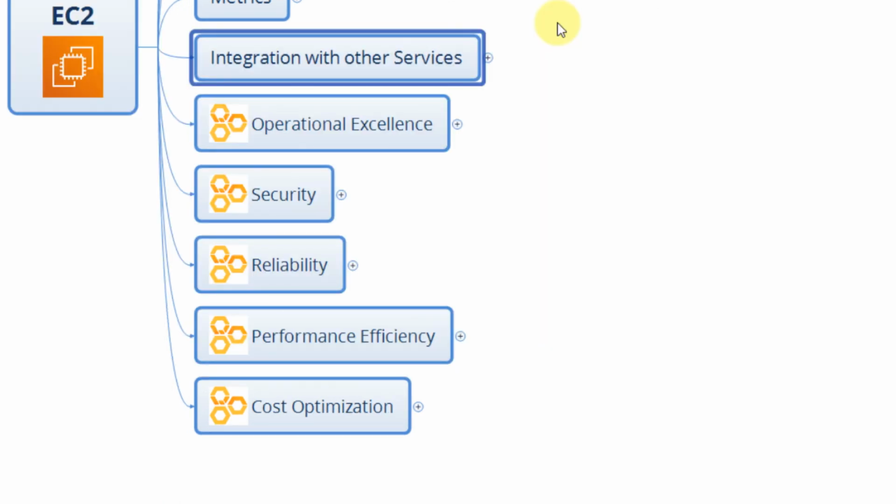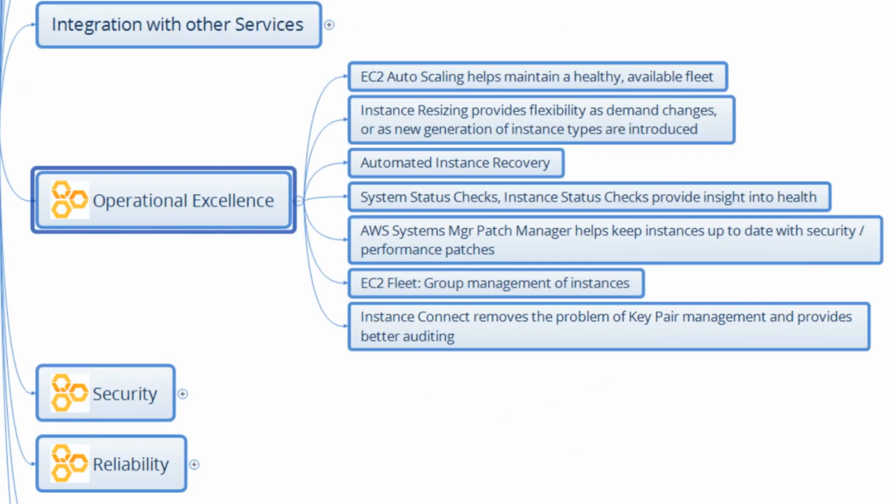Let's see how EC2 facilitates the 5 pillars of the well-architected framework. So very quickly, how is operational excellence enabled by EC2? Well, auto scaling helps maintain a healthy, available fleet. The instance resizing feature provides flexibility as demand changes or as new generations of hardware are introduced.